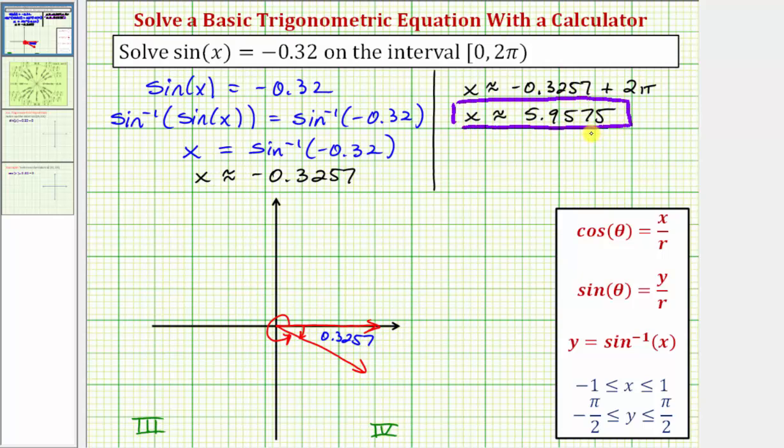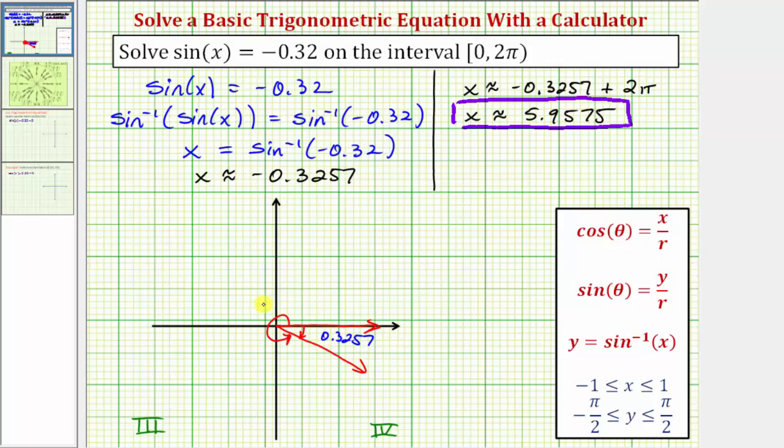But remember, sine is also negative in the third quadrant, so now we need to find another angle in the third quadrant that would have the same sine function value of negative 0.32. And that angle would have to have the same reference angle as this angle here in the fourth quadrant. So to find the angle in the third quadrant, we'll sketch a reference angle of 0.3257 radians.